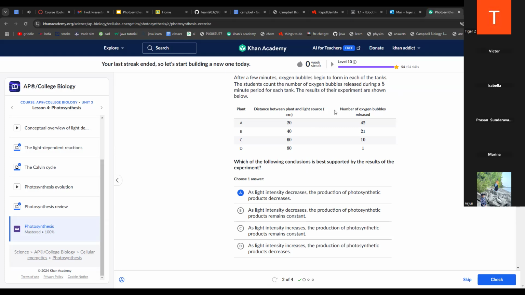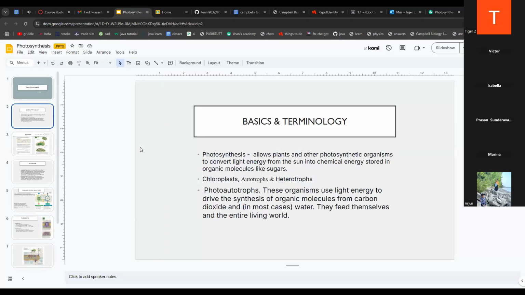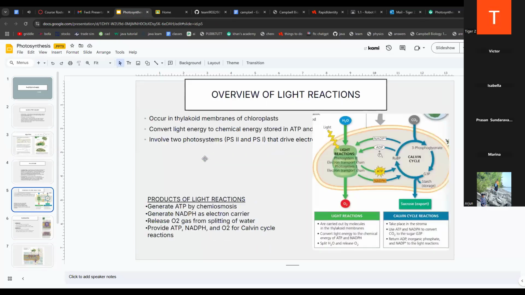The thylakoid. Okay, I was going for the light-dependent reactions, but that works. What does light do in the light-dependent reactions? What is water's role? Light's a reactant to create glucose, and ATP, and oxygen is a byproduct.